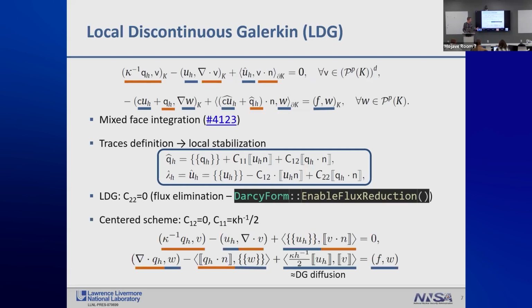But in any case, to give you an example, a very simple example, only diffusion and centered scheme, and we choose the coefficients like this. And what we obtain is very similar to classical diffusion.